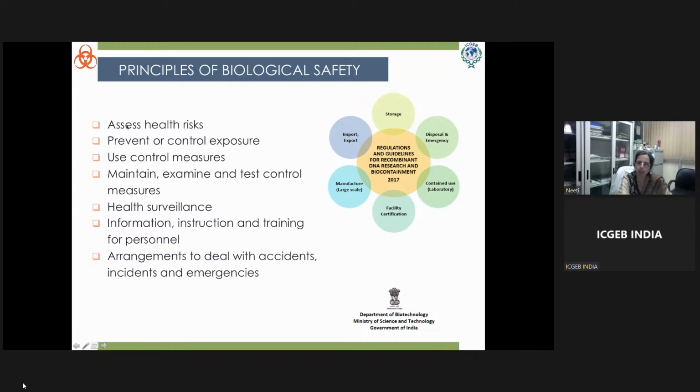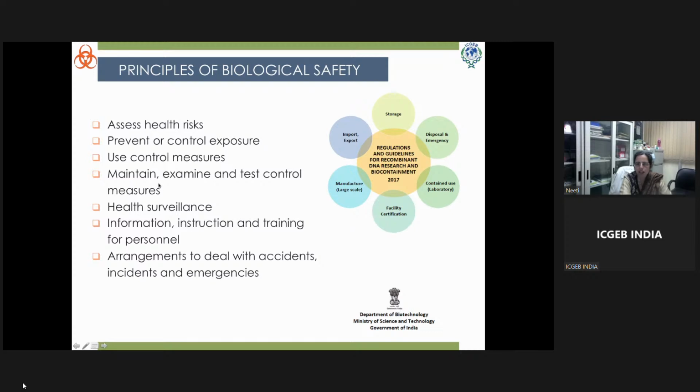The primary among them is assessing the health risk. Once the health risk is assessed, then appropriate control measures or preventive measures need to be adopted to prevent or control the exposure. Use all kinds of control measures in the facility to minimize the risk of exposure and spread.